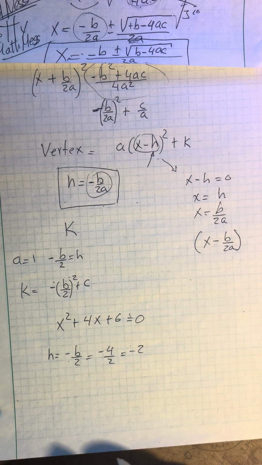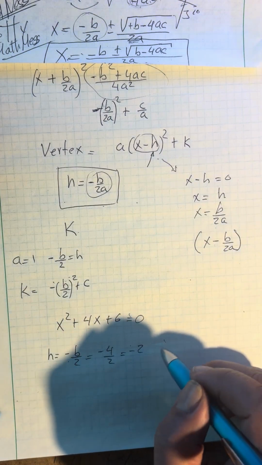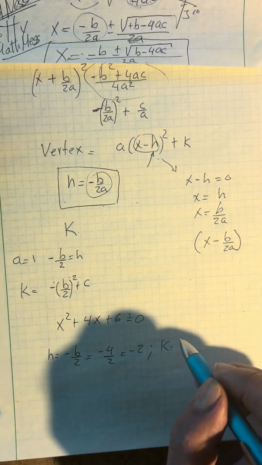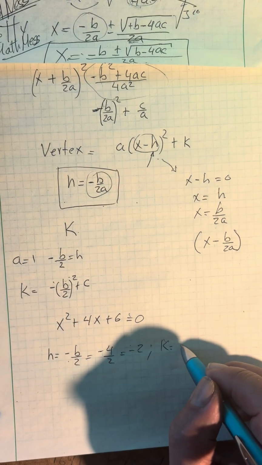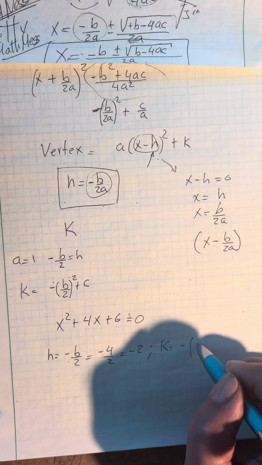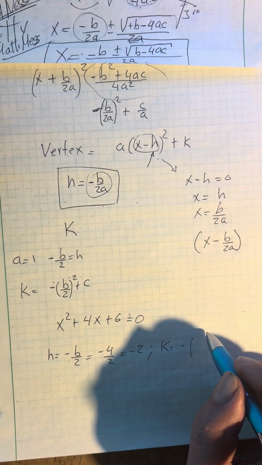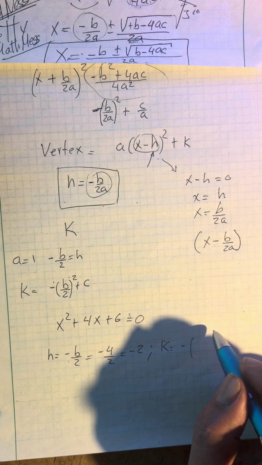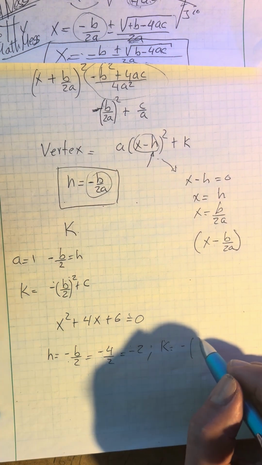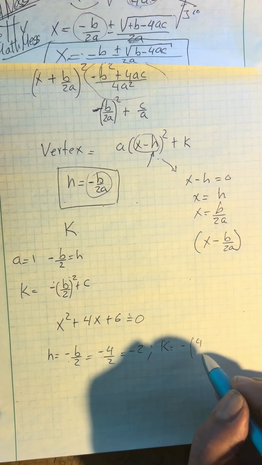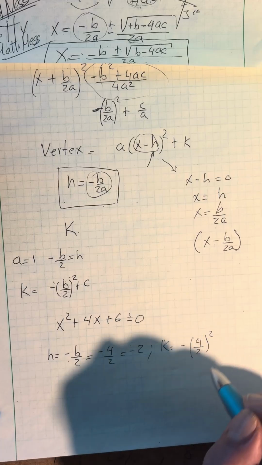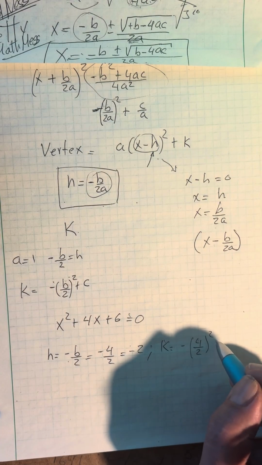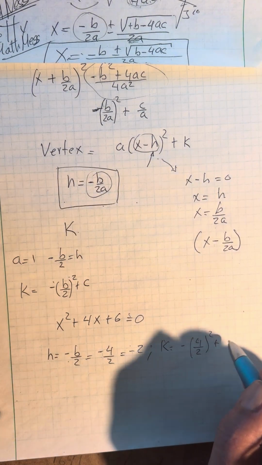And k will be equal to minus b, which is 4, divided by 2 squared, plus c, in this case c is 6.